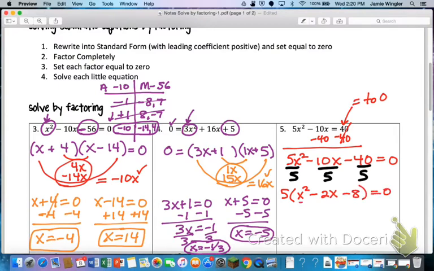We only have to worry about where the x's are located, so the 5 we don't have to worry about in this problem. It doesn't have an x, it just kind of goes away. It still is going to be a part of our factor, but it's not going to be a part of our answer. So now when you're looking at this, we want to factor x squared minus 2x minus 8.